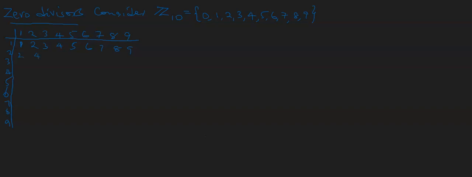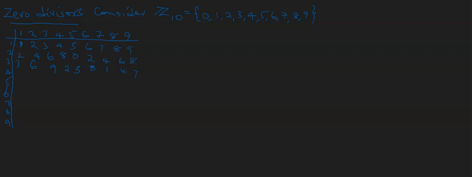For 2 we have 2, 4, 6, 8, 0, 2, 4, 6, 8. For 3 we have 3, 6, 9, 2. 15 is 5 modulo 10, 18 is 8 modulo 10, 21 is 1 modulo 10.